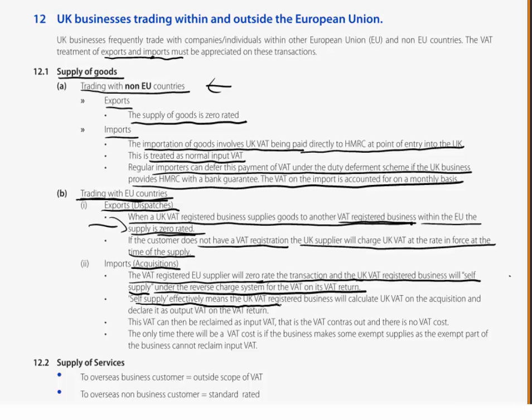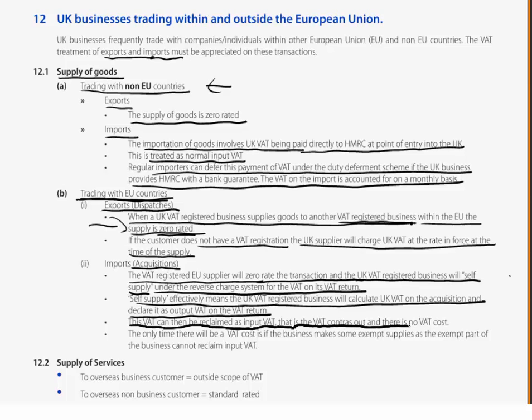Self-supply effectively means the UK VAT registered business will calculate the UK VAT due on the acquisition and declare it as output VAT on the VAT return. But of course, just like when we bought goods from the American company or Chinese company, the VAT on that purchase can then be reclaimed as input VAT.